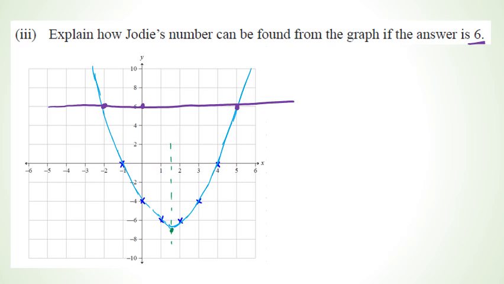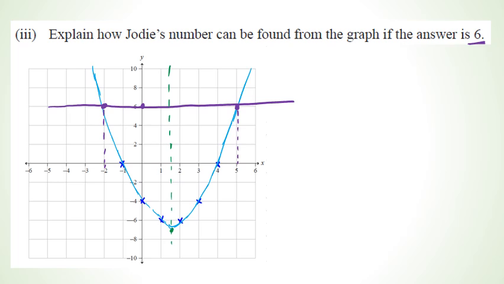What we can say is we can just plot it down to say that when she thinks of the number which is a 5 or a -2, when she thinks of 5 or -2, she actually gets an answer of 6. And again, you can say that this is because of the line of symmetry, that it actually works out both answers as well.